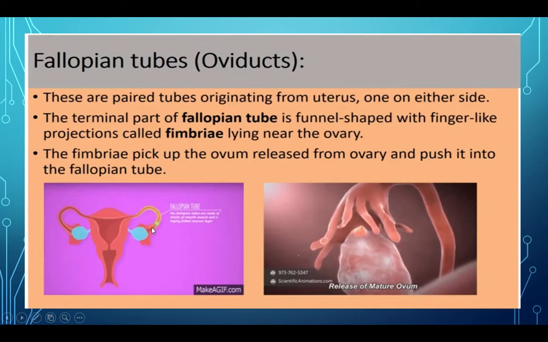The ovum released from the ovary is pushed into the fallopian tube, and the egg moves through the fallopian tube. This is about the fallopian tube.